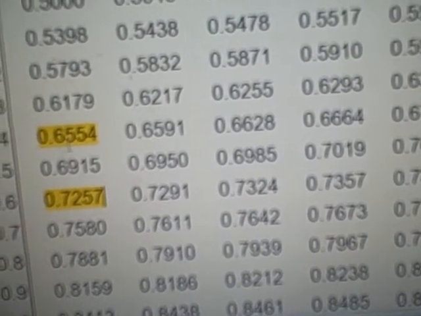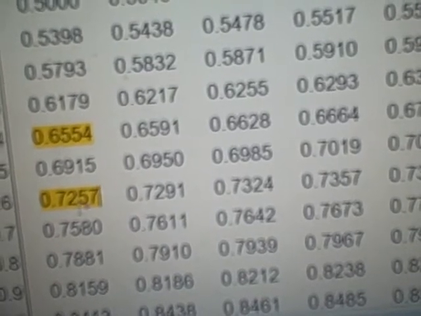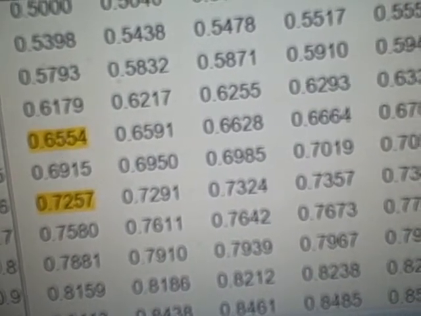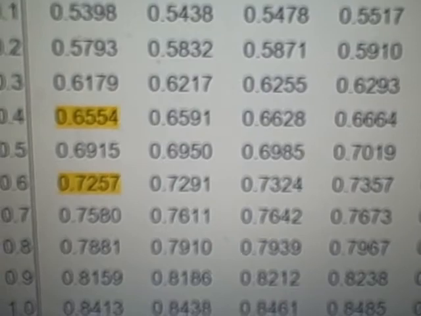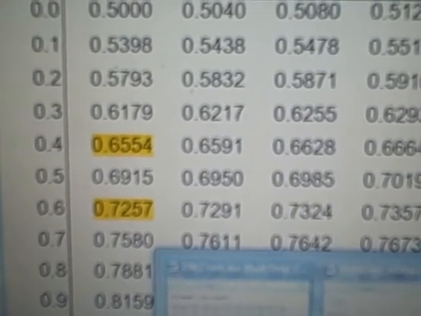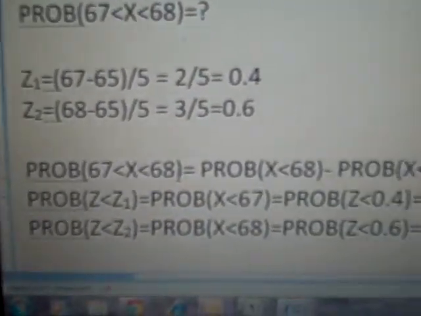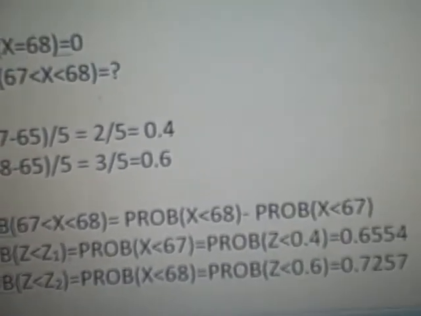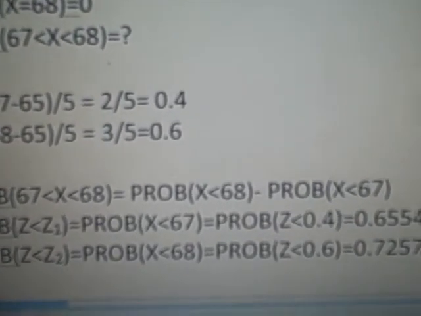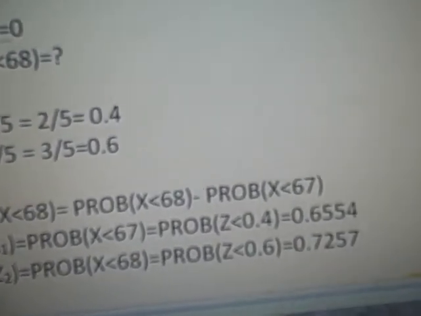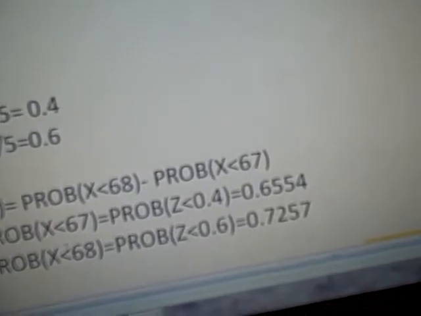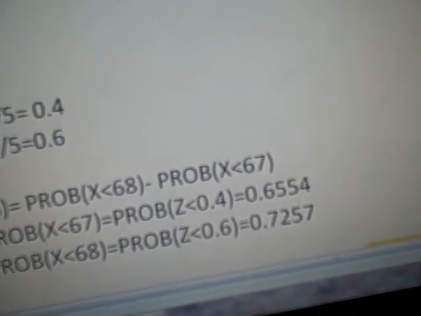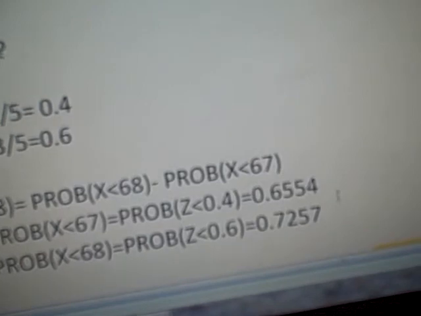And to get the area somewhere between 67 and 68 inches, we just subtract those two numbers. So let's go back to our problem here. The probability that z is less than 0.4 is 0.6554. The probability that z is less than z2, or less than 68 inches, is 0.7257.